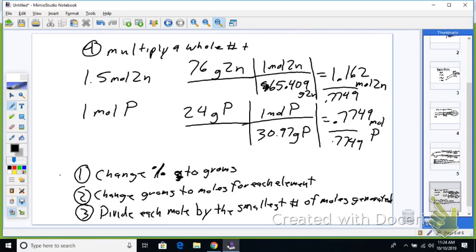Does it matter which element you list first? Not on this one, because you don't have enough information on that. So, what am I going to multiply this by to get a whole number? 2. So I get 3 zincs.